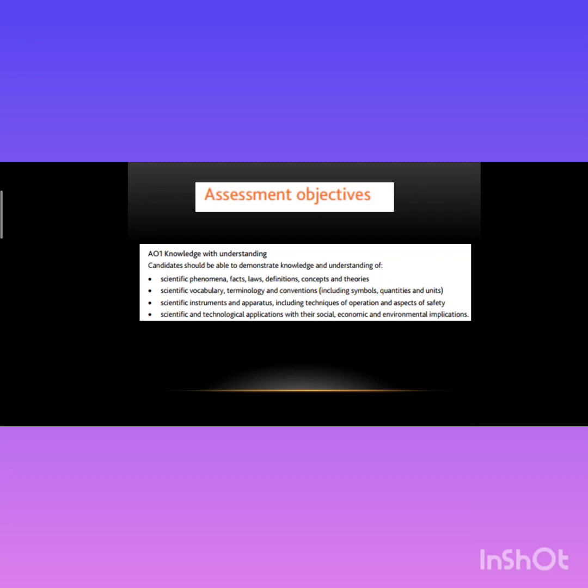They can also ask you about the different social, economic and environmental changes and problems associated with, for example, disposal of plastics, incineration, burning, etc. So assessment objective 1, knowledge with understanding, comprises the definition and listing part of your syllabus.